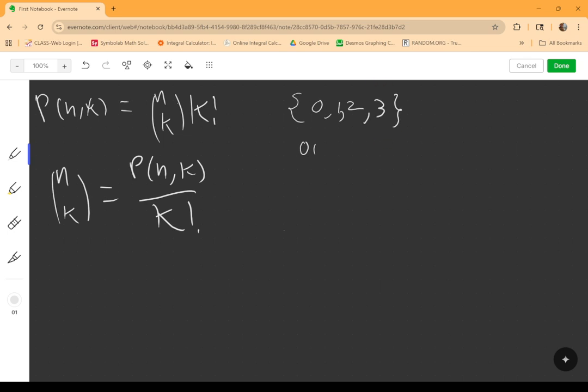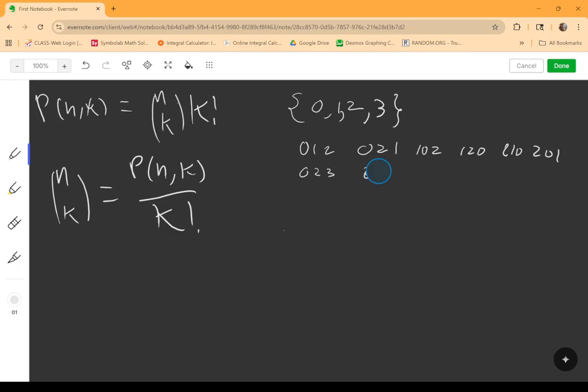I wanted to think of the sequences that are of length 3. So for example, 0, 1, 2, 0, 2, 1, 1, 0, 2, 1, 2, 0, 2, 1, 0, 2, 0, 1, right?